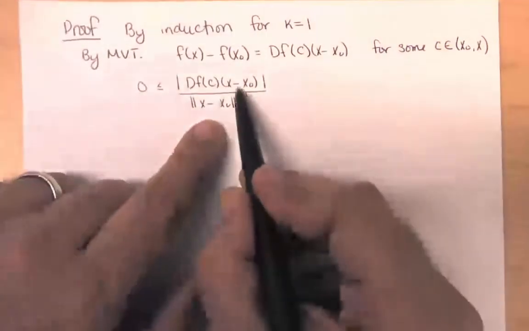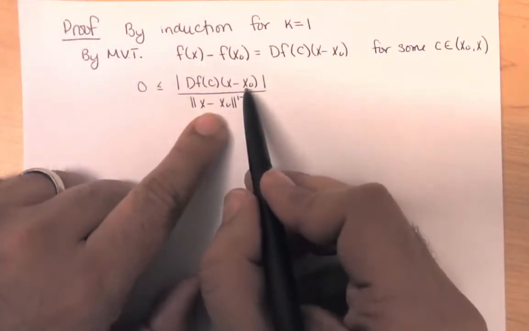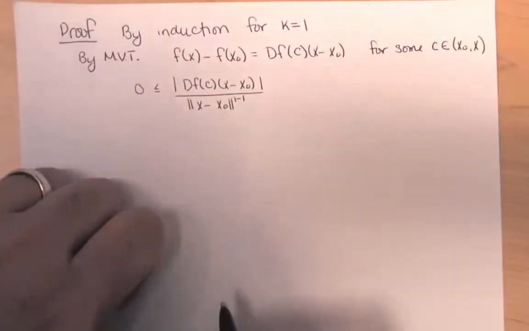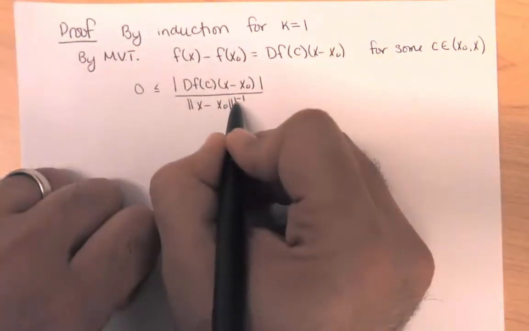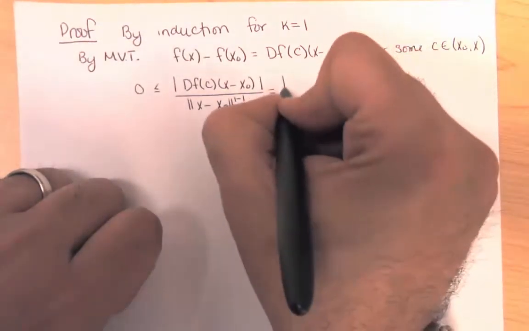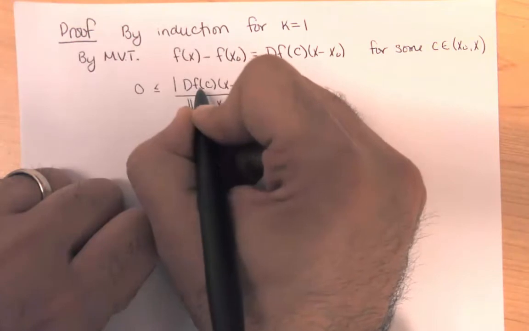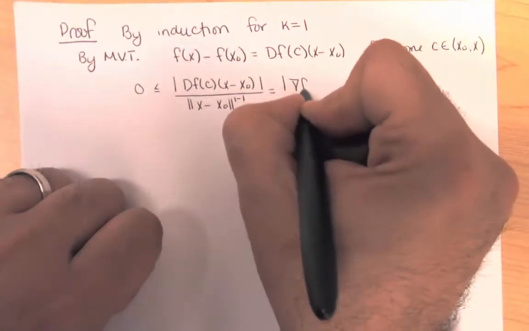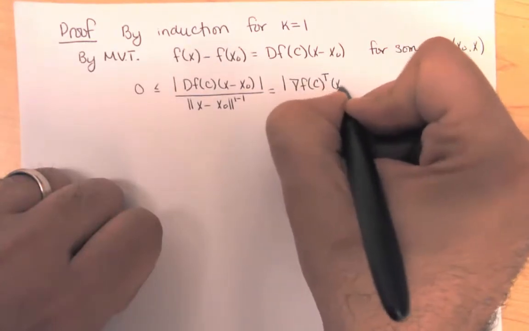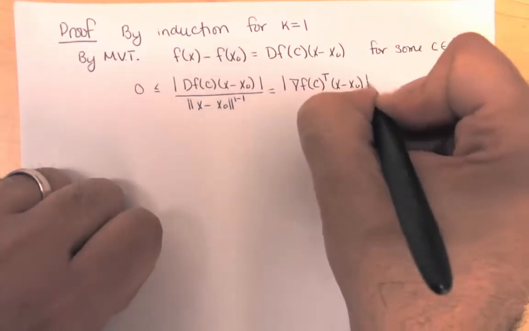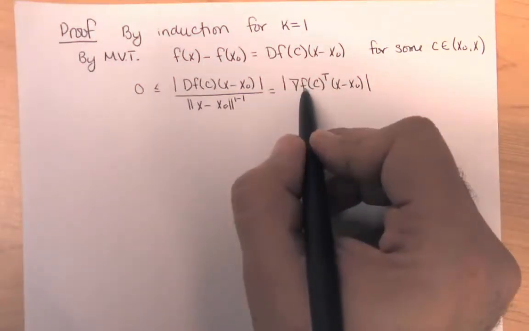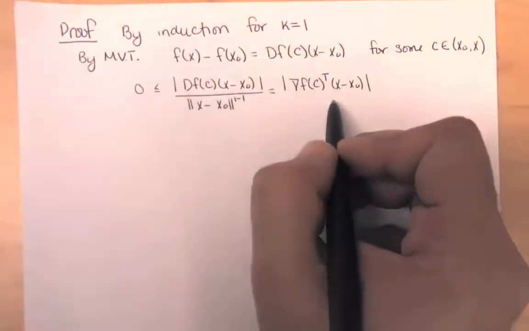I need to show that the limit of this is equal to 0 as x approaches x0. Of course, this raised to the 1 minus 1 power is just 1. And the derivative of f at c is just the gradient transpose times x minus x0. Now this is an inner product: I'm taking each entry in the gradient and multiplying by each entry in this difference.